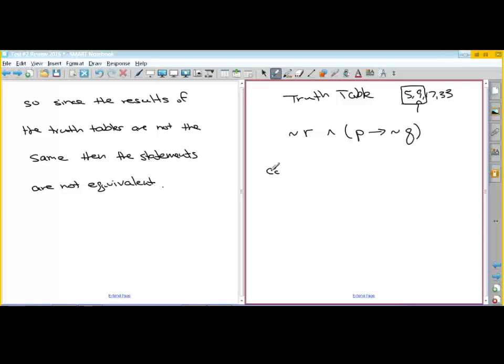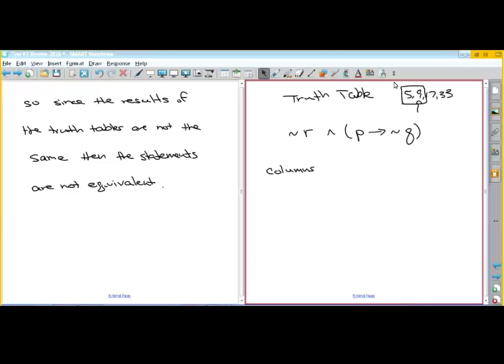And then we need the number of columns. So the number of columns, we're going to have 3 columns for the 3 letters, and then we need to break this logic statement up.